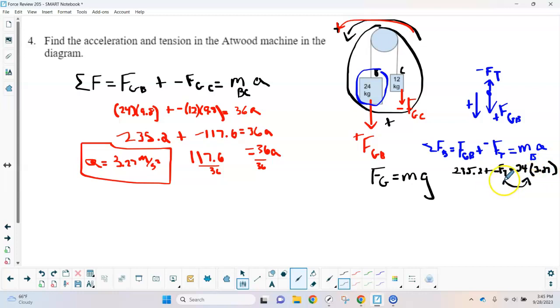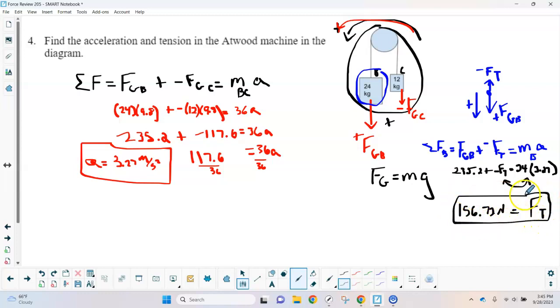Basically, you trade these two terms and solve for Ft. And when I did that, I got 156.72. And that is the answer to the tension.